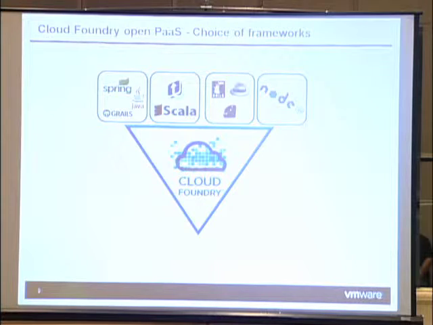We have a kind of triangle of resources here. So the first thing is a choice of frameworks. And this is in the built-in cloud as it's delivered in the original base implementation. There are a variety of frameworks. In Java, Grails, Spring, Scala has Lift, Ruby has Rails and Sinatra, Node.js is available.